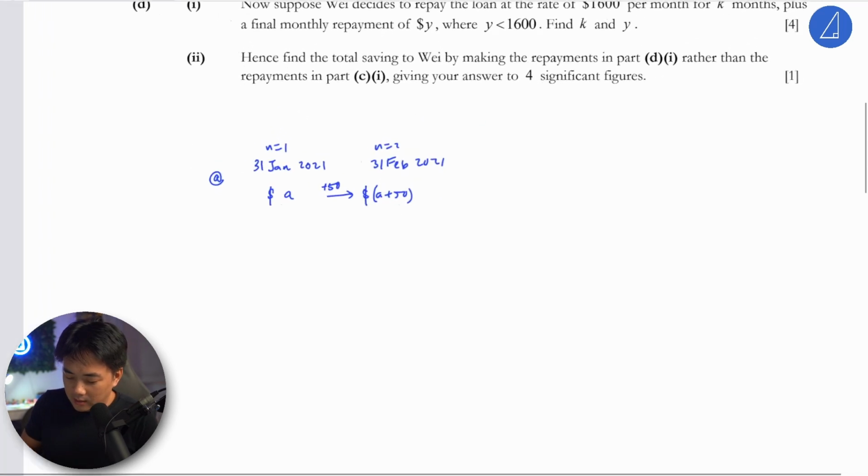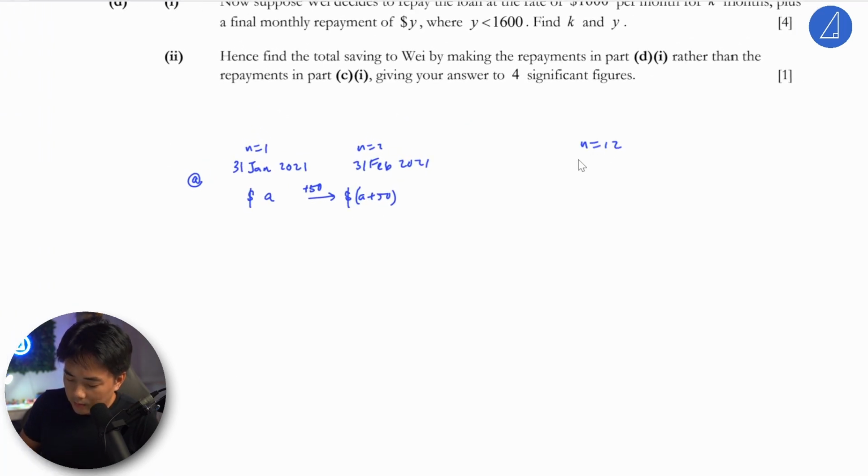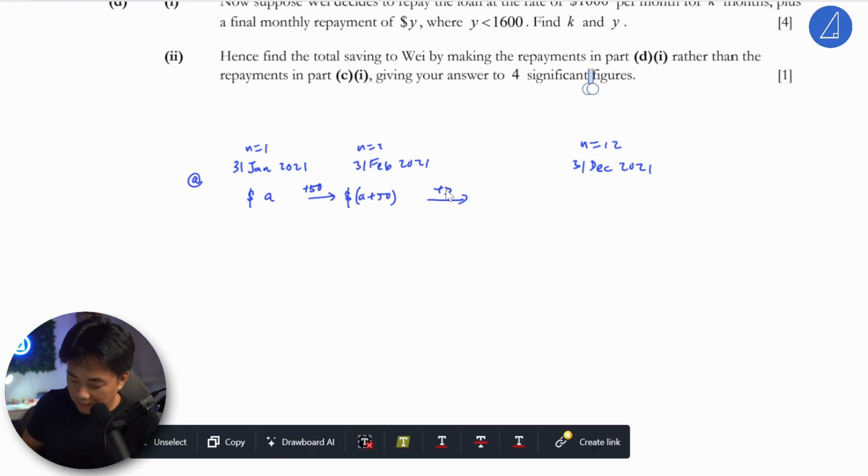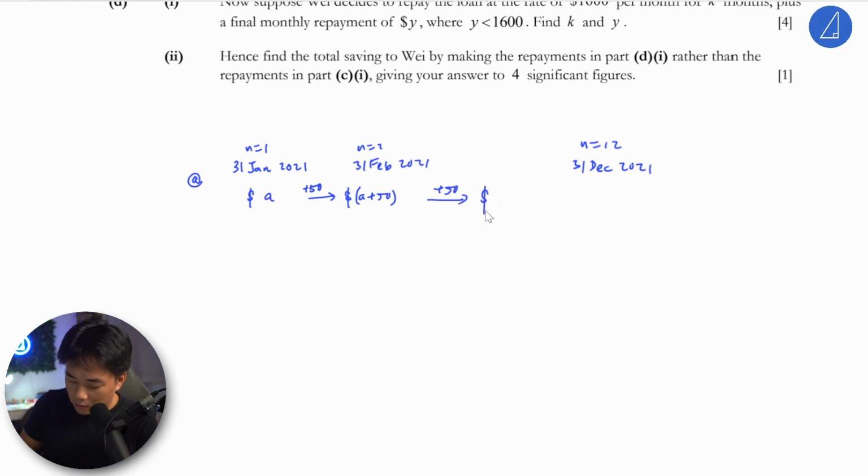So at n equals 12, it will be December 2021, counting Jan as the 1st and Feb as the 2nd. Then it will just keep adding 50. I'm not sure what it is, but we don't need to know. Or if you want, you can just write a plus 11 times 50.